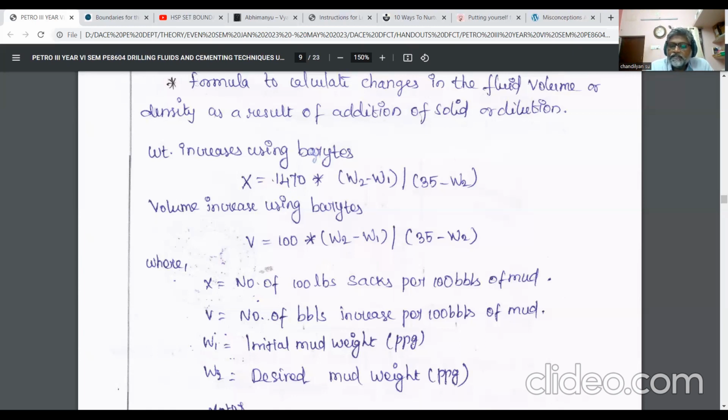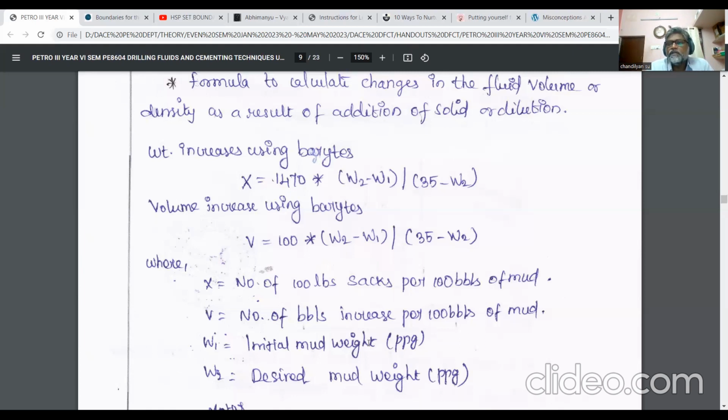Please see here, pound per gallon, kg per meter cube, is a unit of density, but it is given as a unit for weight. That's why I told you the concept: even books are treating it the same way. It is also the concept in industries too, treating weight and density interchangeably.